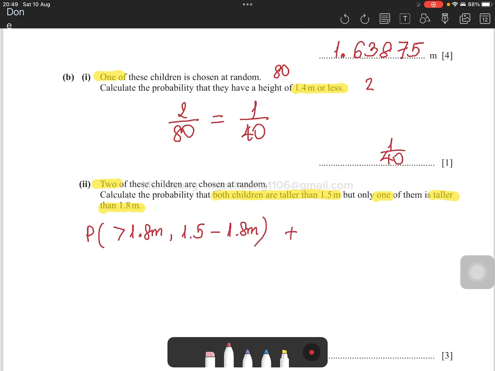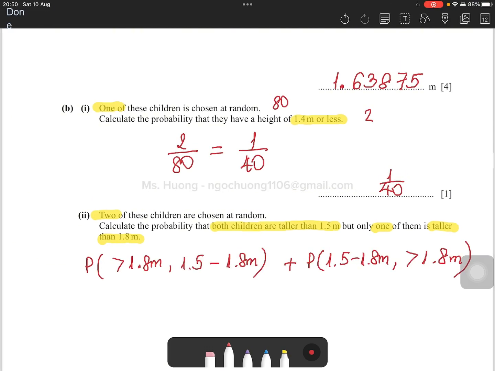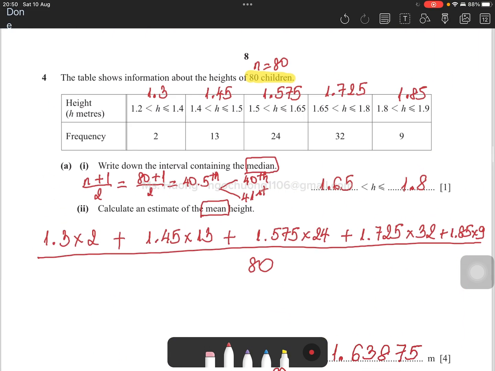Or maybe the first one is taller than 1.5 but less than 1.8 meters, and then the second one is greater than 1.8 meters. There are 2 cases. For the first one, you know that there are 80 children in total, and how many of them are taller than 1.8 meters?